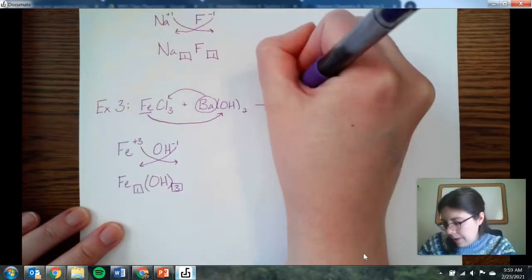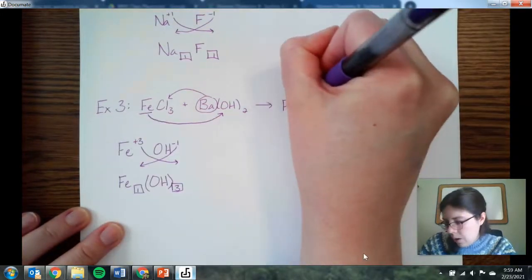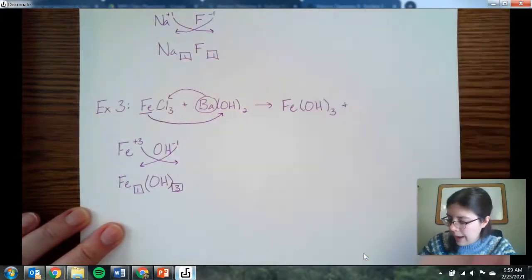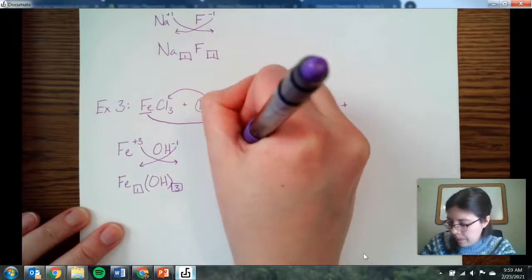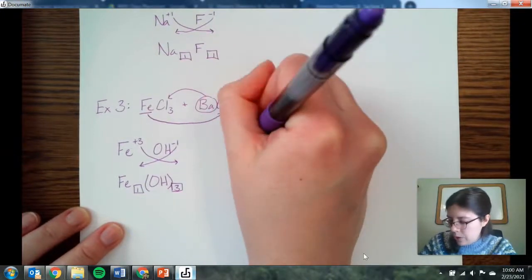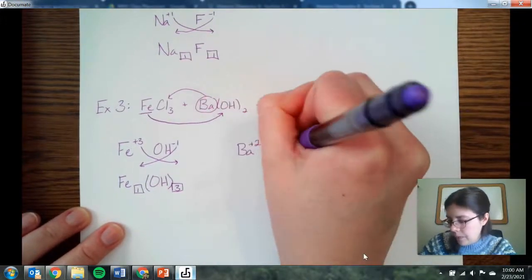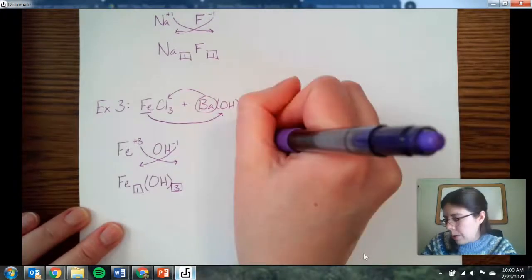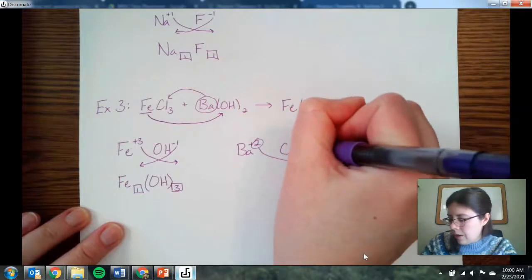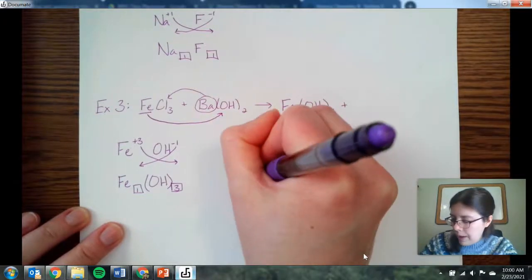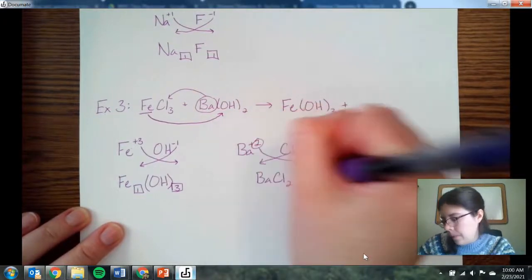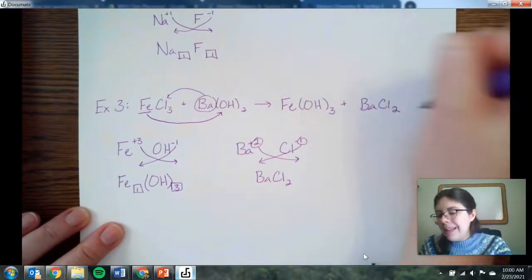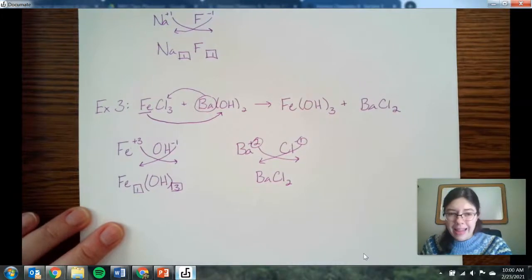So that's going to be Fe(OH)3 plus the other thing I have. I'm going to have my barium. And barium is always +2, and chlorine, which is always -1. So if I go ahead and flip-flop those numbers, not the charges, I end up with BaCl2. So that gives me my skeletal equation, but I still need to think about balancing it.